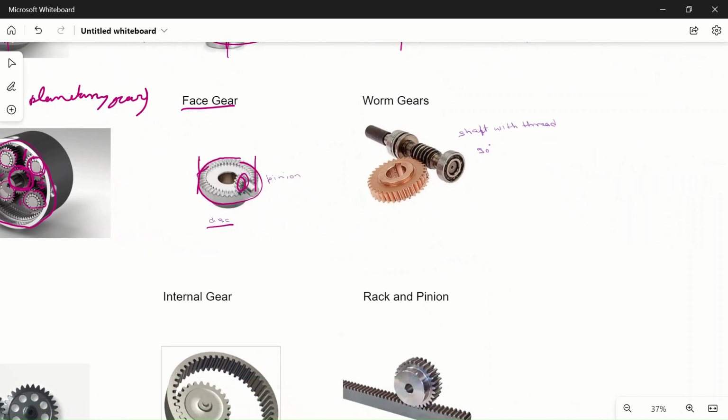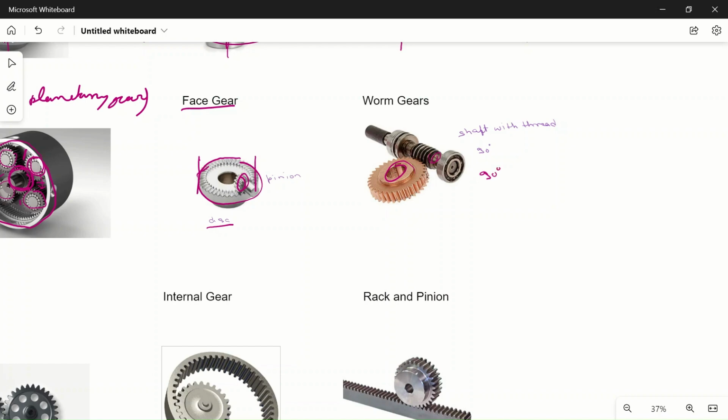Here it is worm gear. What is worm gear? The special case of worm gear is that these teeth are actually cut in the shaft itself. There is no separate gear here. The teeth are cut in the shaft itself, and there is one gear. So one gear and one shaft are meeting, and they are meeting at 90 degrees.